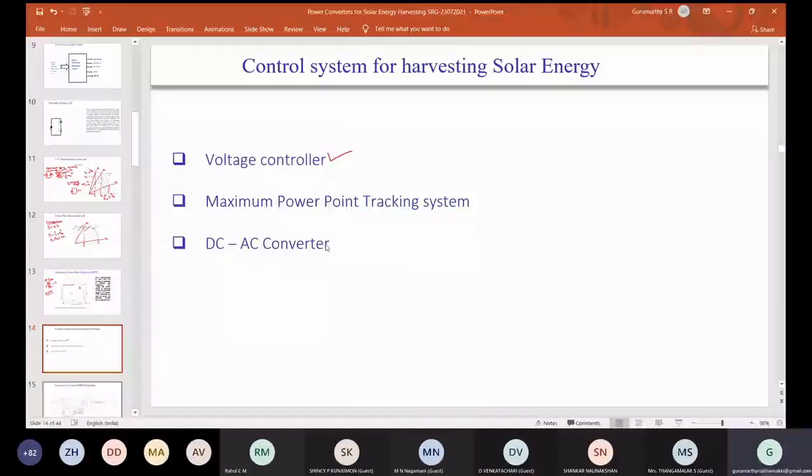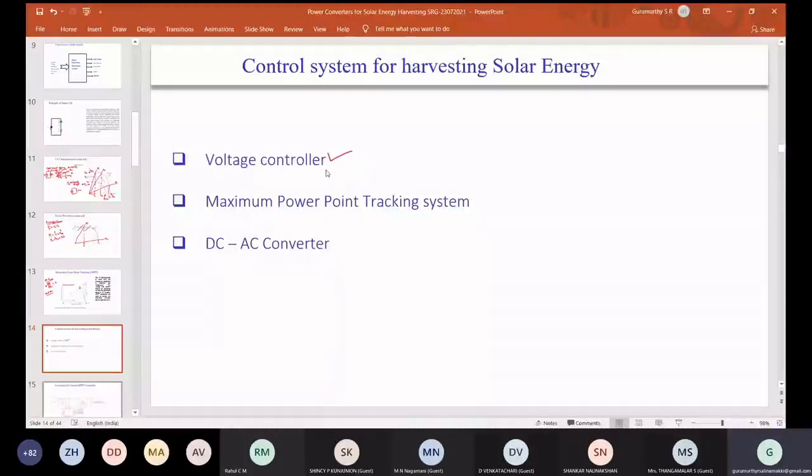A voltage controller is required because the input voltage varies. As the intensity varies, the output of the solar cell varies, so the input to the converter varies.